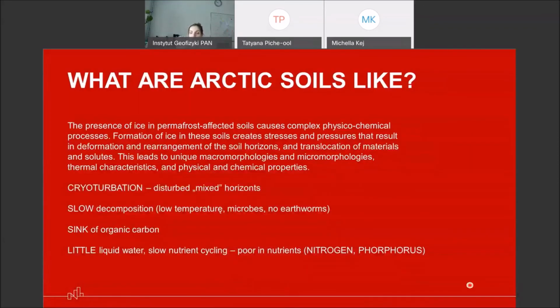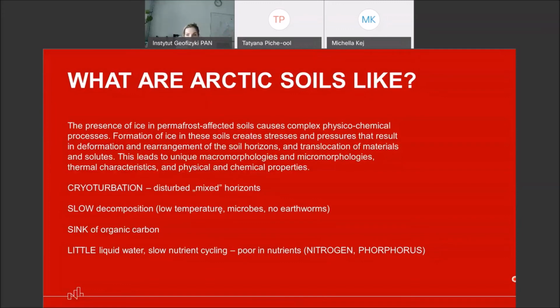So what are they like? First of all, the fact that there is permafrost and there is also ice in permafrost causes a series of very complicated, complex processes. There are processes that create stress and pressure, and the result is deformation and rearrangement of those layers, those soil horizons.